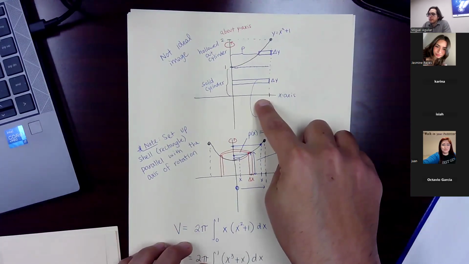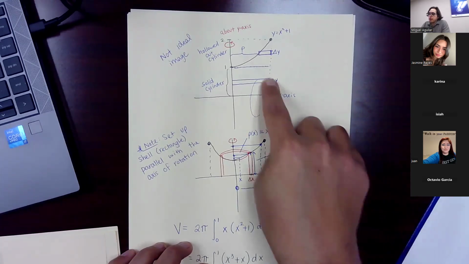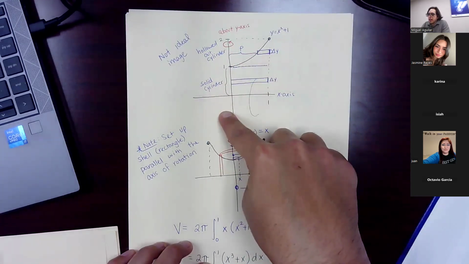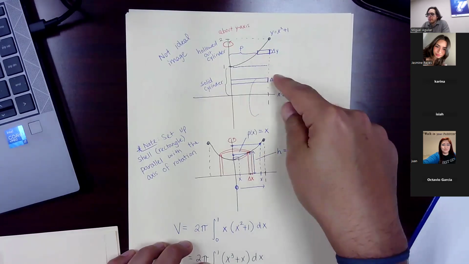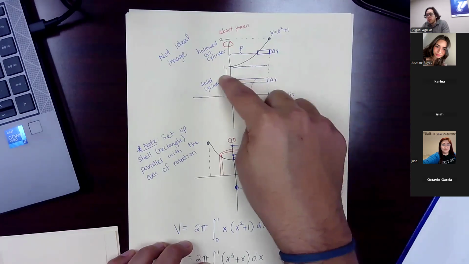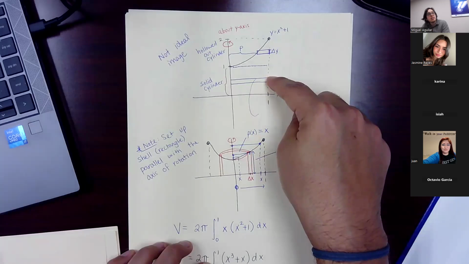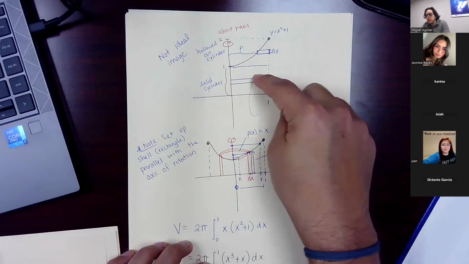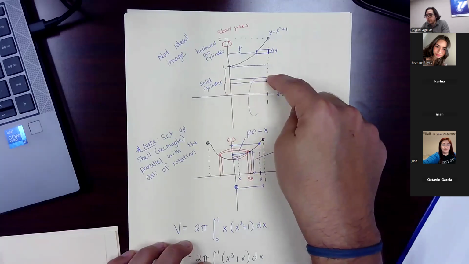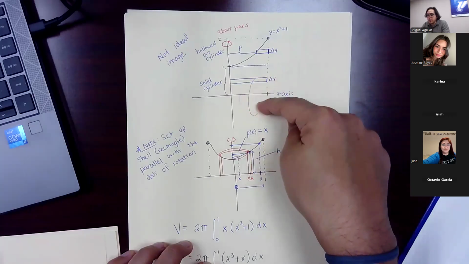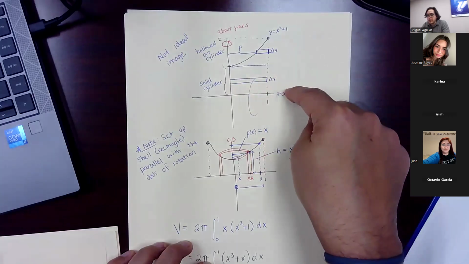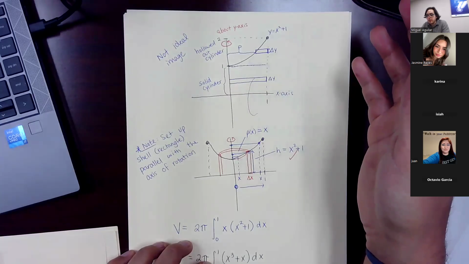For the first image that we did, I was trying to do the shell method, but when you set up the shell method, these rectangles are usually going to be parallel with the axis of revolution, right? So if I set up this rectangle, then it looks like I'm gearing up to rotate it around the x-axis, and that's not what we wanted to do.